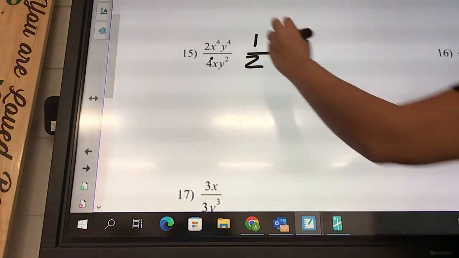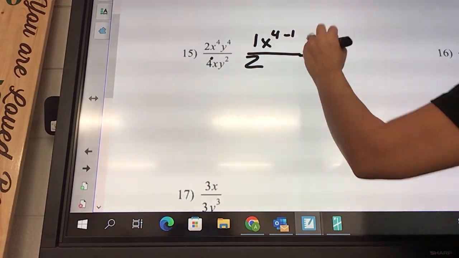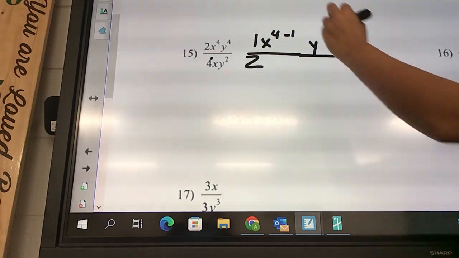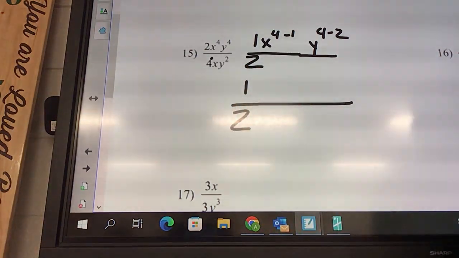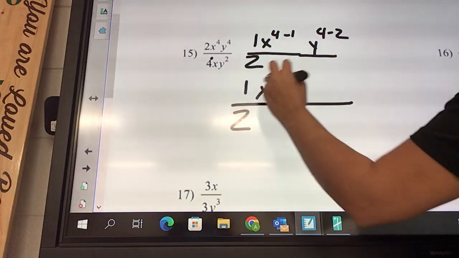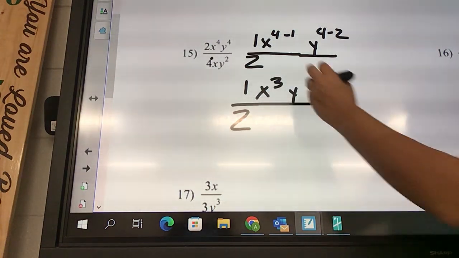And then you got x to the 4 minus 1. Y to the what? 4 minus 2. So we get 1/2. What is 4 minus 1? 3. X to the 3. Y to the 4 minus 2. It's going to be 2.